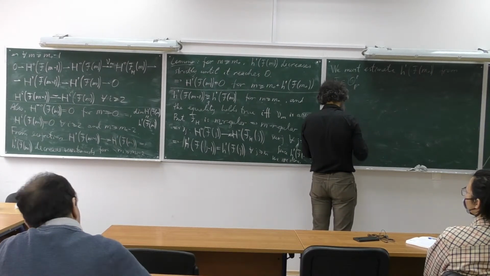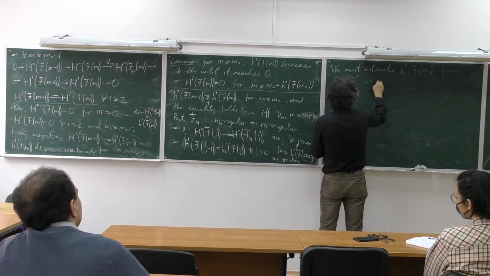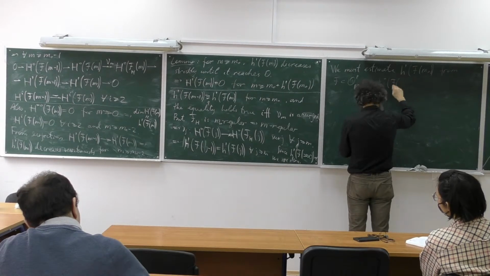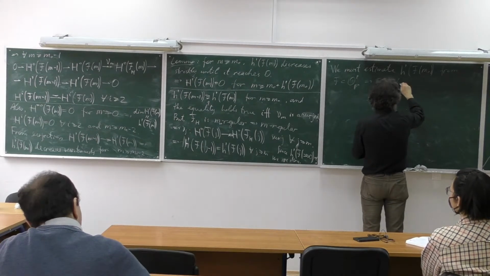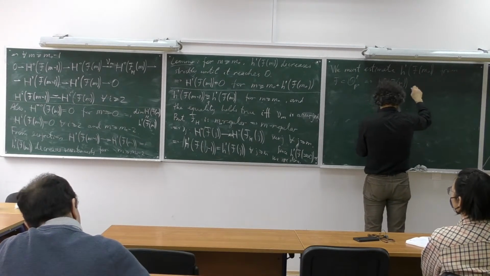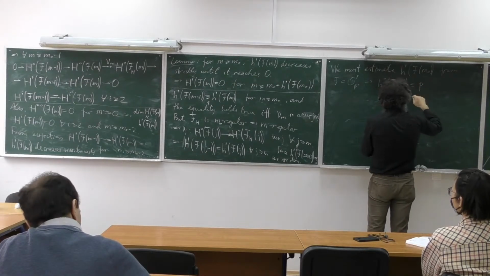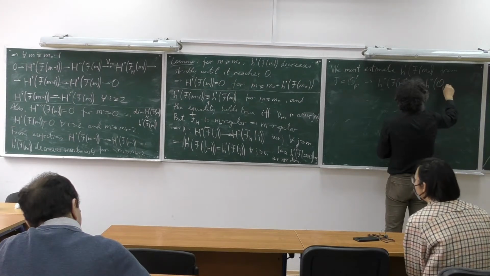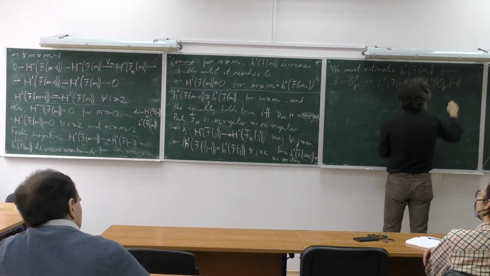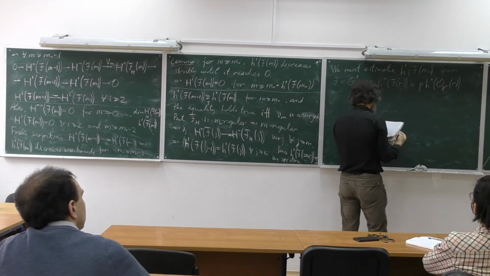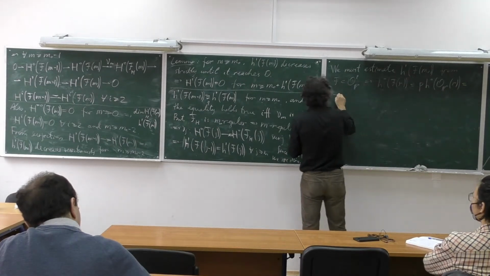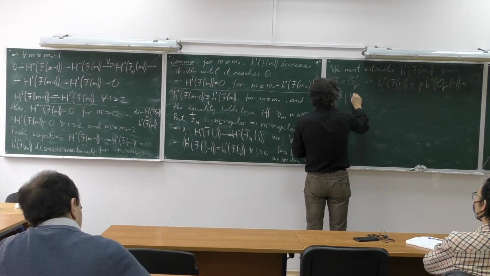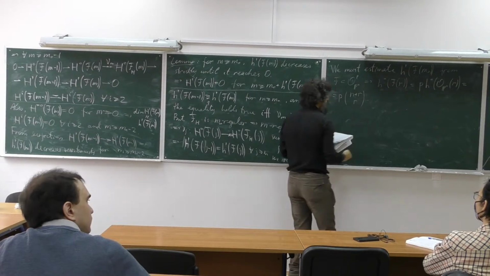So it means that H0 of F of R is at most P times H0 of O of R. This we can compute. This is P times n plus R choose R.